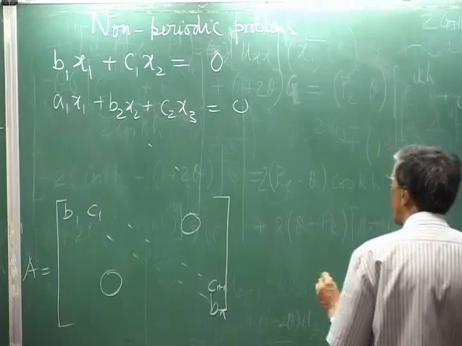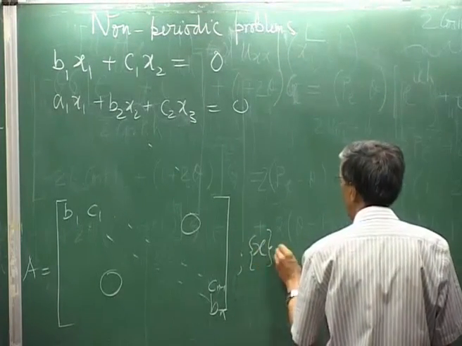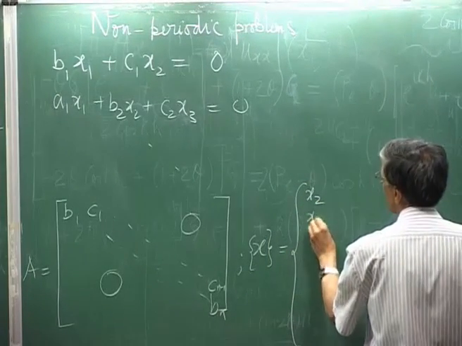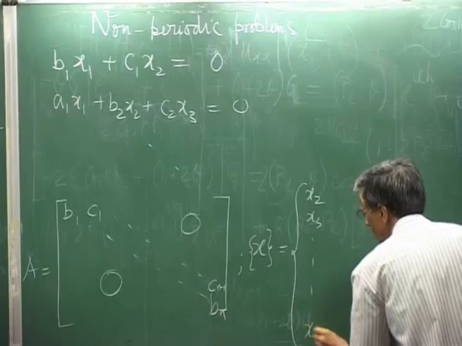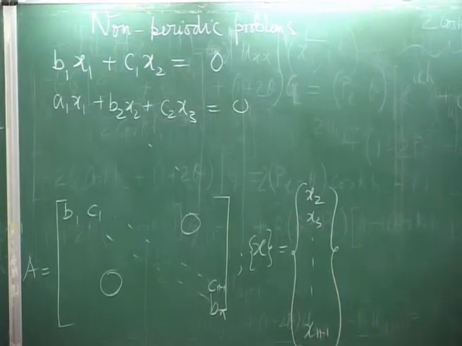And what was your x vector? The x vector from x2, x3, all the way up to x(n-1), right. That is what we had.